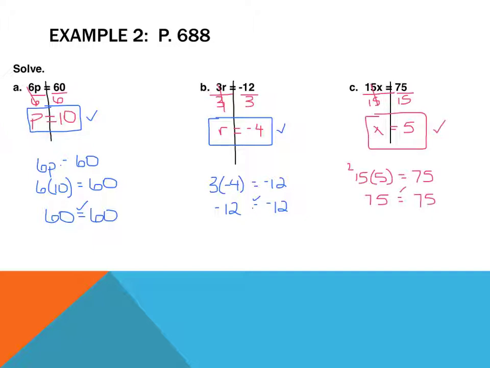So my solution is x equals 5. And then again, they're asking us to write the solution set, so we should go back and put all of these in set notation.